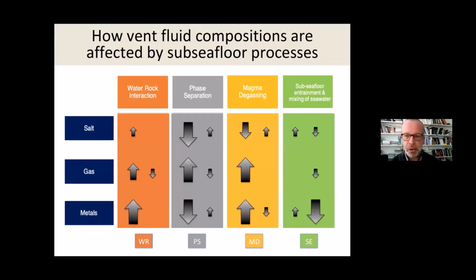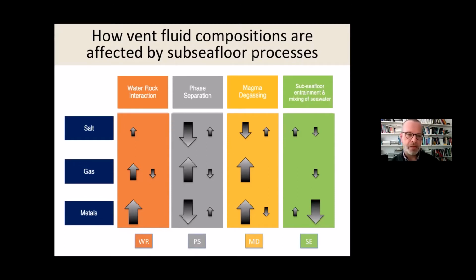So I tried to boil it down to basically talking about these four processes that we just looked at: water rock interaction, phase separation, magma degassing, and then there's subseafloor entrainment and mixing of seawater. And I tried to break it down into how these four processes affect different properties of the fluid in terms of salt, gas, and metals.